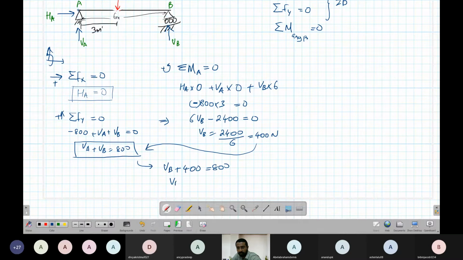So that means VA equal to 400. Sorry, VA. VB is equal to 400, VA equal to 400. Then HA equal to 0.